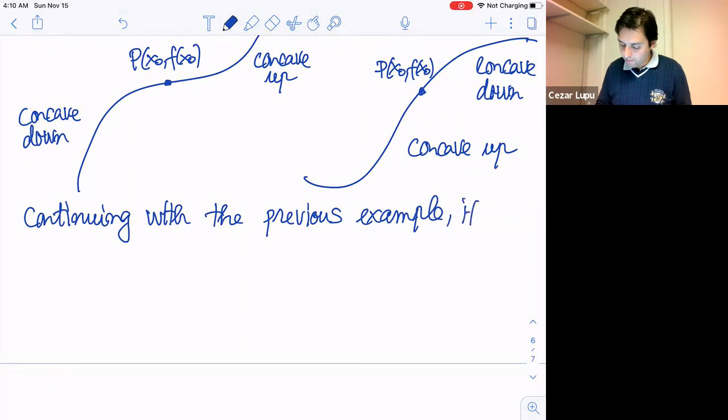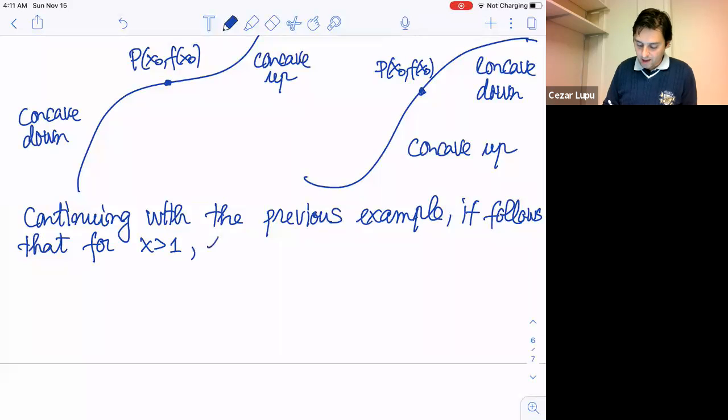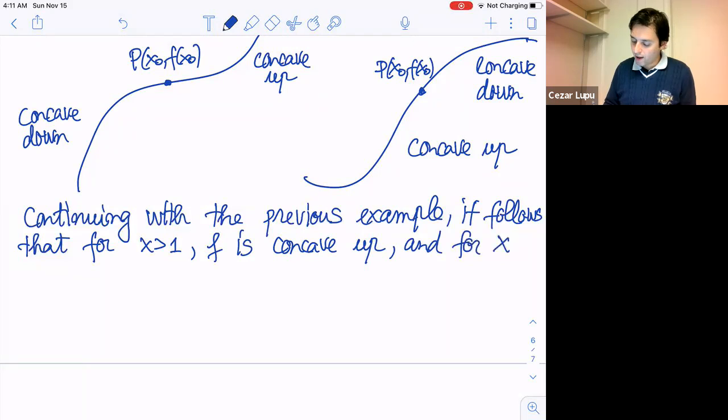It follows that for all values x which are greater than 1, f is concave up, and for all values x which are less than 1, f is concave down.